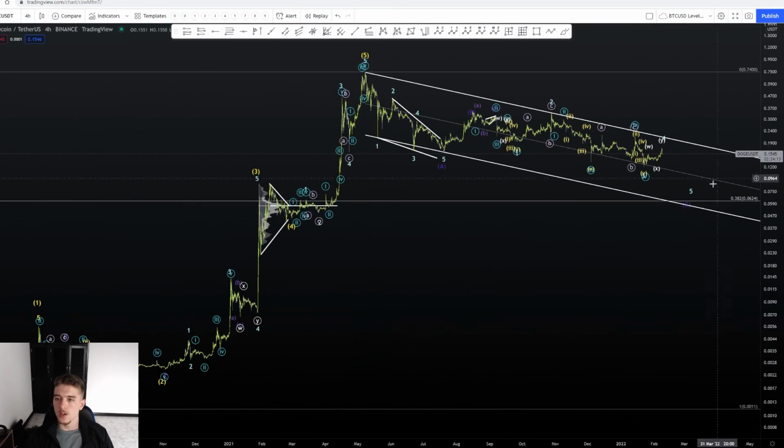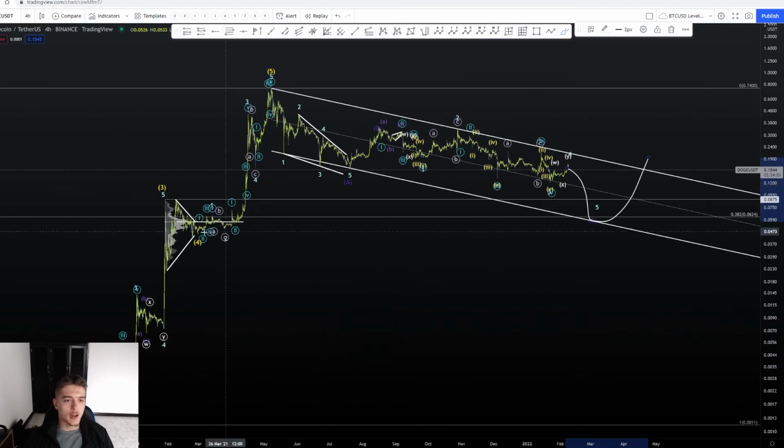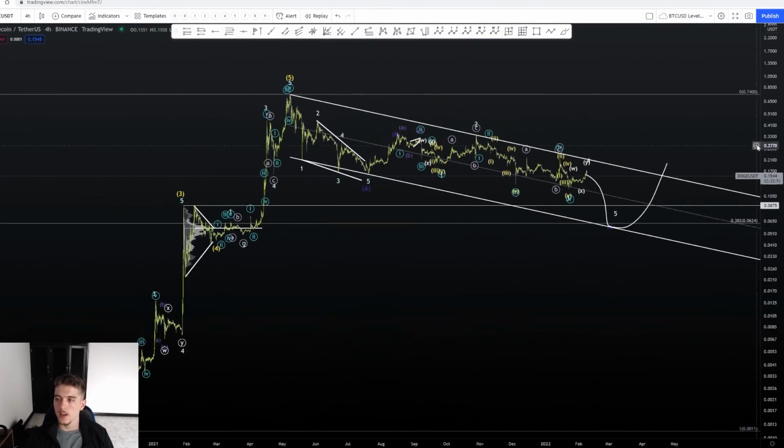Then we have a parallel channel down here. So if we were to come down to the bottom of this channel, that would also align pretty nicely with this level right here. And additionally, we have this structural support from the top of this wave 3, which could also act as support if we make our way down to this line right here, around 8.8 cents. And finally, we'd be looking for the 1-to-1.